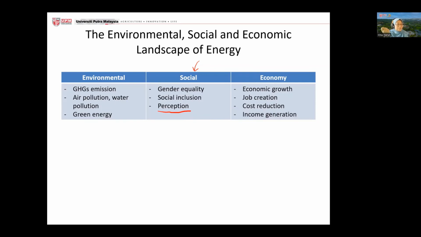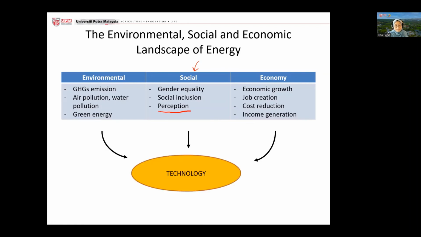You need to change the perception. You need to know that behind every piece of equipment, there's actually an environmental cost to it. And then you would try to optimize your use. Okay.